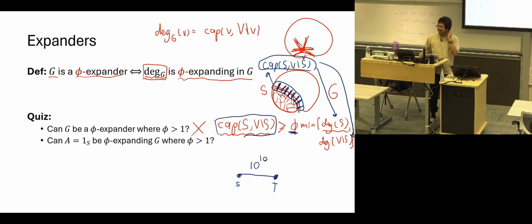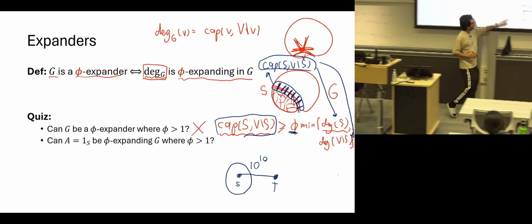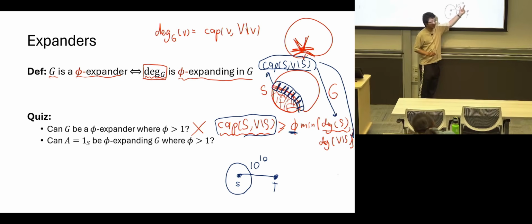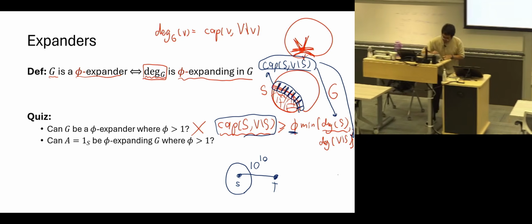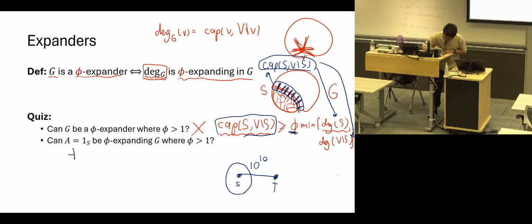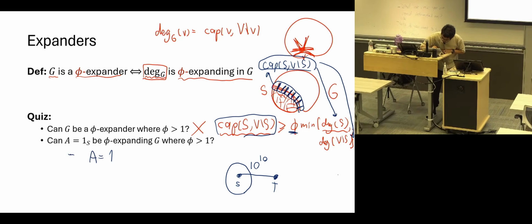Now, if you look at a cut, there is only one cut, which is this cut. If you look at the ratio between the capacity and the min of A over S, let's say that A here is just 1 on every node.